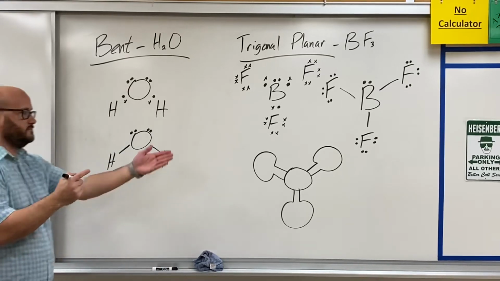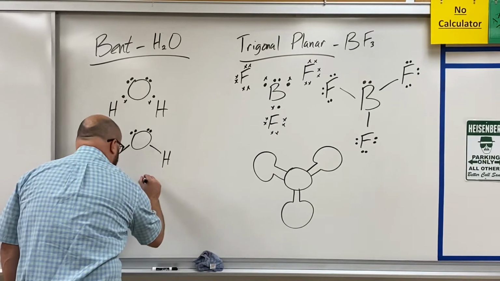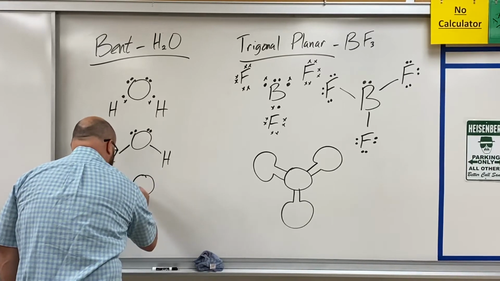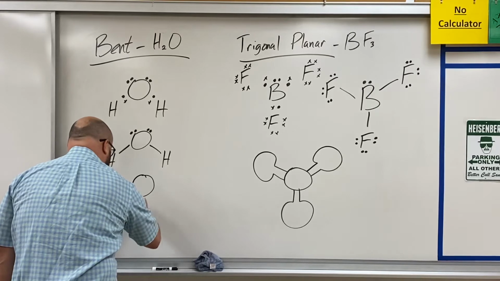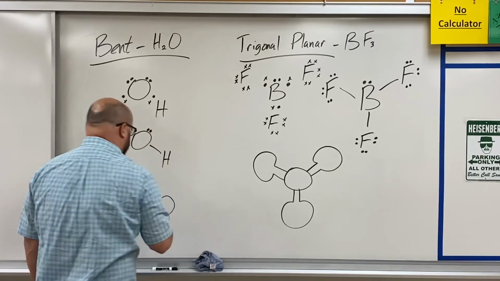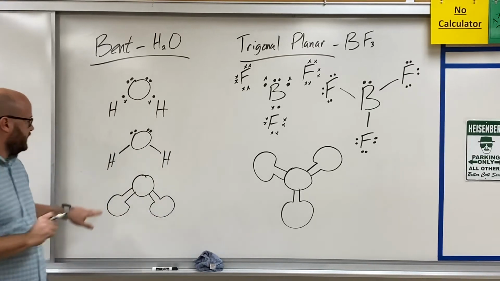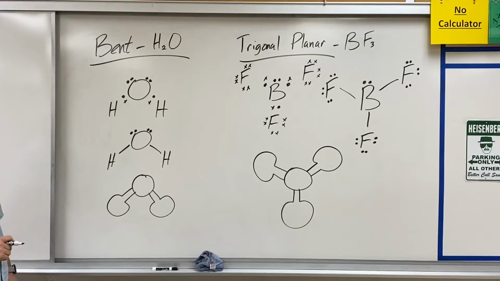And then our molecular shape is going to be central, and my artwork is amazing if you can't tell. This would be our bent formation. H2O is a great example of that.